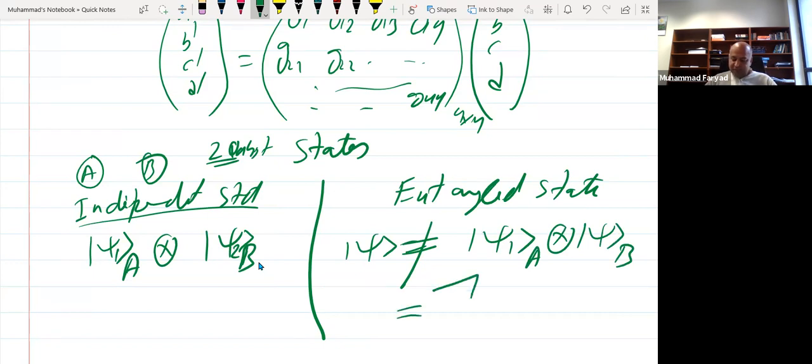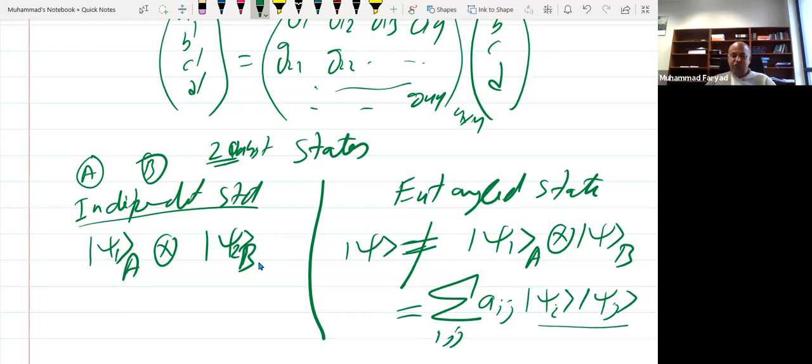However, they can still be written as some superposition of the basis states, where there is some sum over ij. And these basis states are those states |00>, |01>, |10>, |11>. And these are some coefficients.